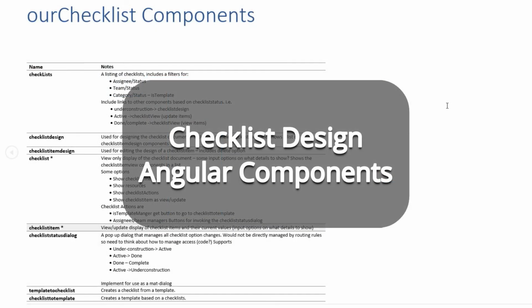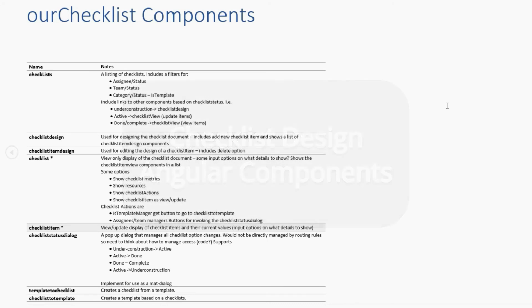Okay, this is how I think I'm going to put the components together. Again, this may change as I actually develop the code. At the top level, I think there's going to be a checklists component. It's going to be the listing component, and it's going to have filters so I can list by the assignee and status. So the basic level would be to get my checklists by status, but it could be a grouping of anyone's checklists by status.